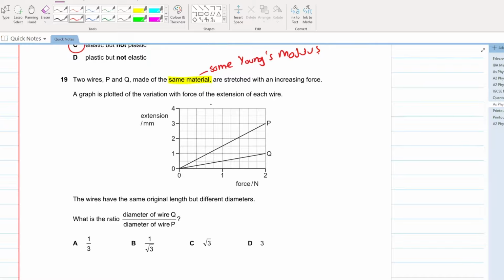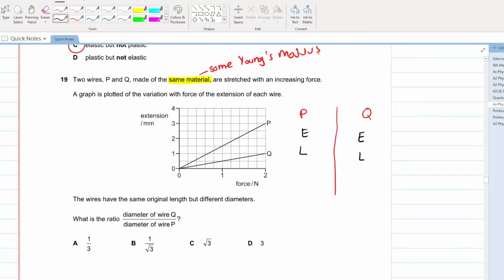What is the easiest possible way to do this question? You can create compartments. You can say this is P, this is Q. Perfect. Since both of them are made of the same material, both of them will have the same Young's modulus. This is E. This is E. Both of them have the same original length.